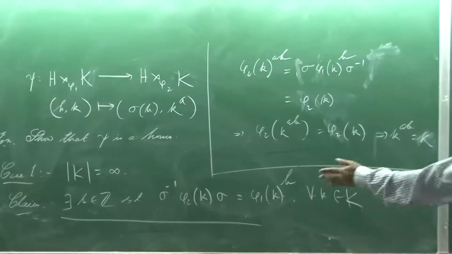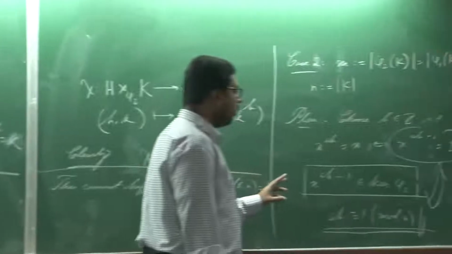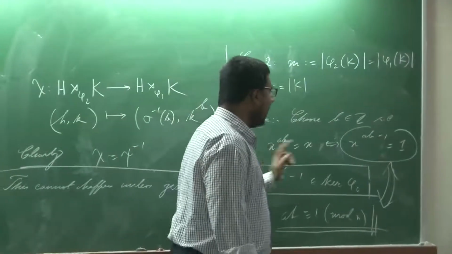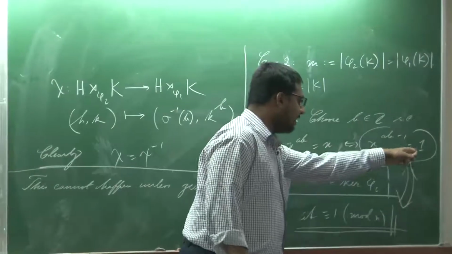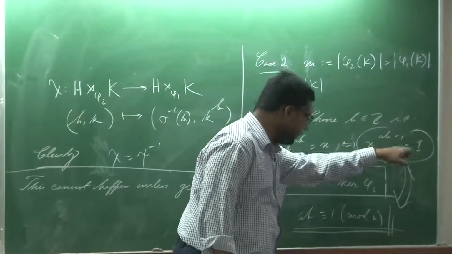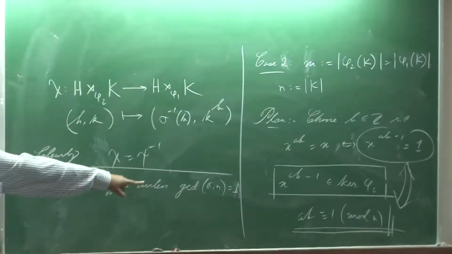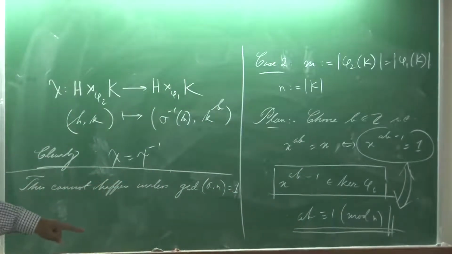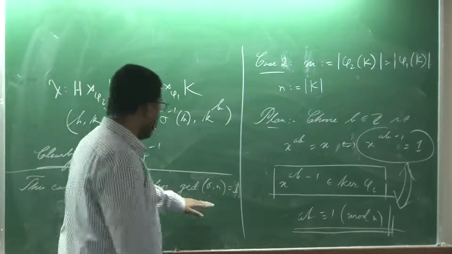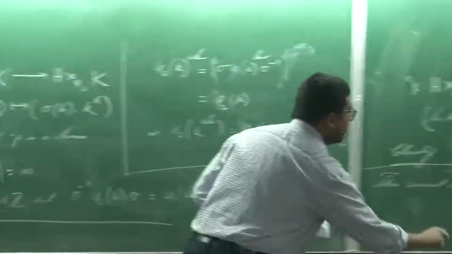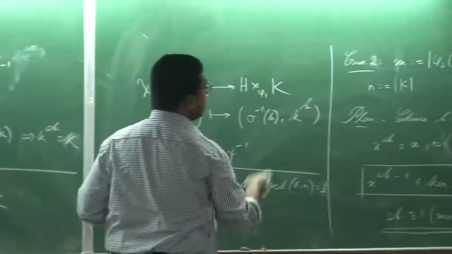So proceeding like this is not of much help, because I can only go up to this, where I need this, and this cannot happen unless GCD of a and n is 1. But do we even have that? Actually no. So what do we have? We have only that GCD of a and m is 1. Why so?